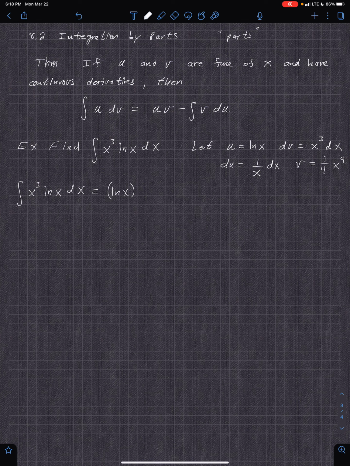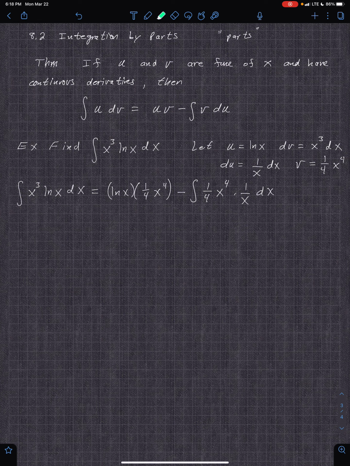So that's your u times your v, 1/4 x to the 4th, minus the integral of v du. So your v is 1/4 x to the 4th, and then du. What is du? Times 1 over x dx.